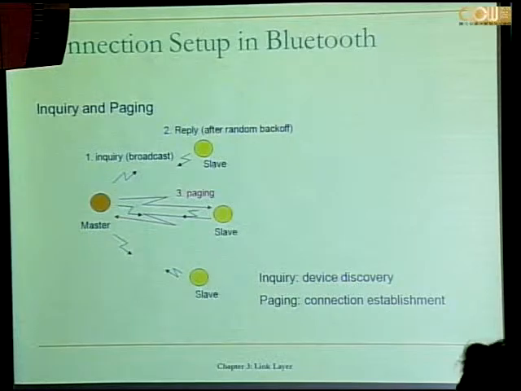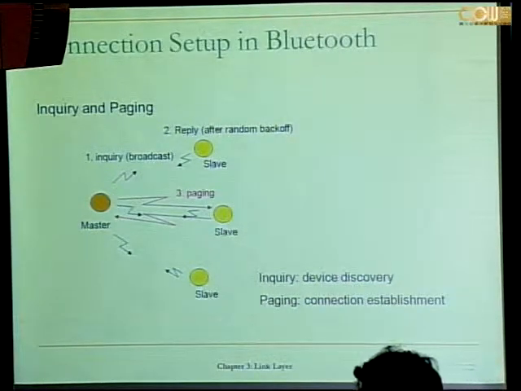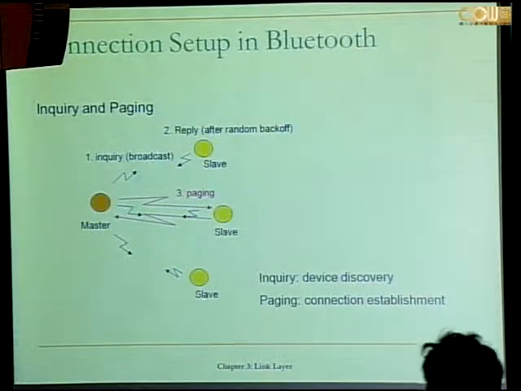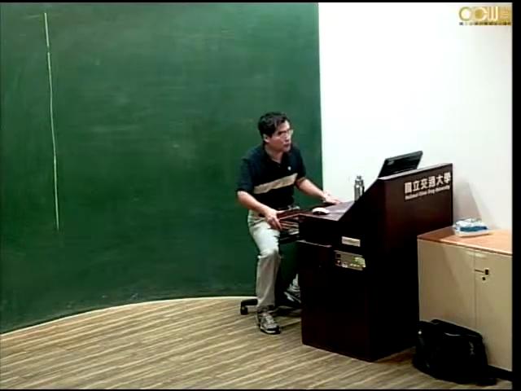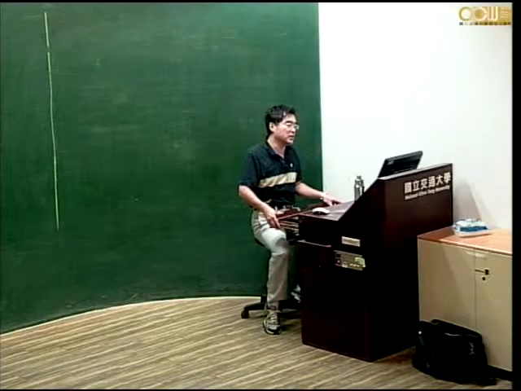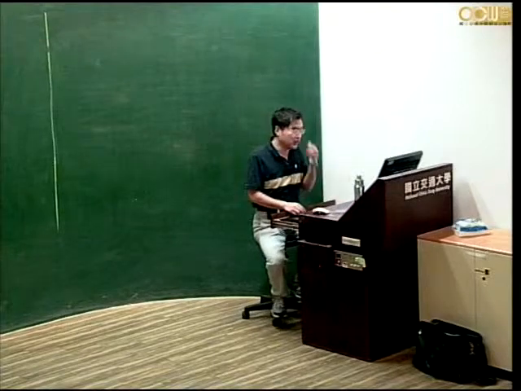If the slave has data to transmit, then it would be its chance to transmit now. So basically, broadcast to ask who is there, to discover the slaves, and then paging to poll the slaves for data transmission.